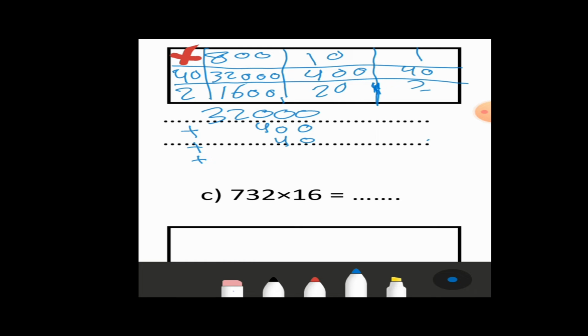And then add from right to left. All of these zeros in ones, plus 2 equals 2. And 0 plus 0 plus 4 equals 4, plus 0 equals 4, plus 2 equals 6. And here in hundreds, 0 plus 4 equals 4, 4 plus 6 equals 10. Put 0 and carry 1. 1 plus 2 equals 3, 3 plus 1 equals 4, and this 3 plus nothing here, so the answer will be 3.